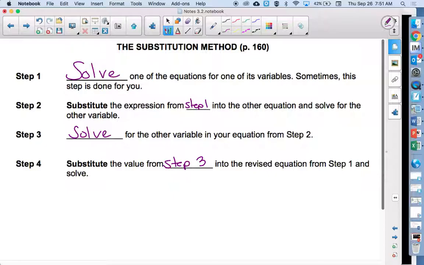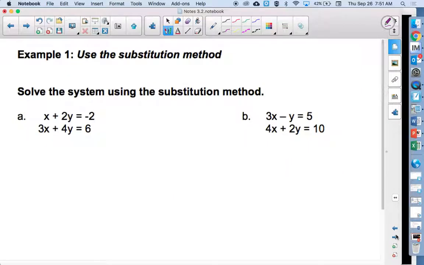So I believe there are 2 examples underneath. Looking at the 2 examples with substitution, how do you know which variable is good to solve for? Because you have 2 options for x, 2 options for y. Jack, how do you know which one would be a good choice to solve for? The first one has x almost right. Yeah.